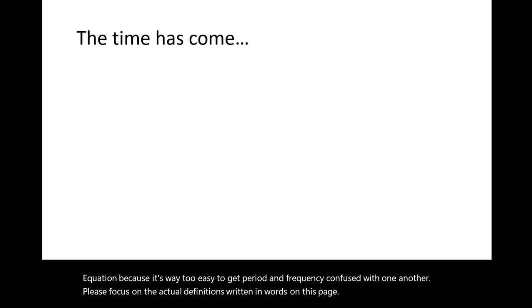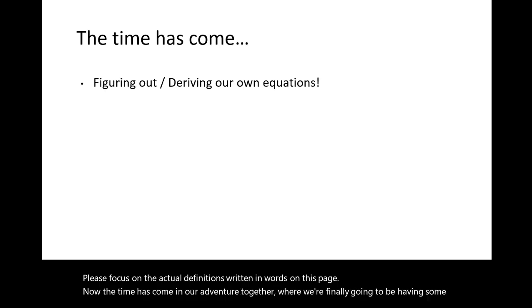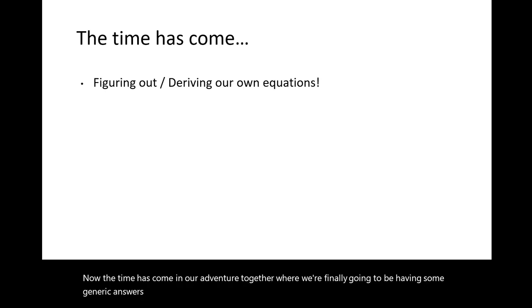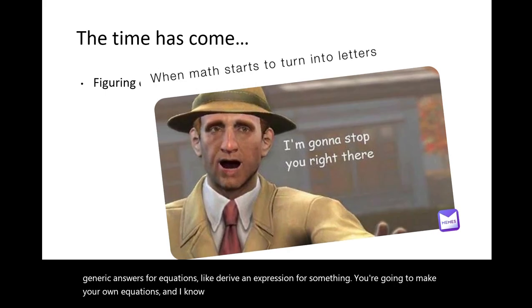Now, the time has come in our adventure together where we're finally going to be having some generic answers for equations, like derive an expression for something. You're going to make your own equations, and I know how excited everybody gets about purely letter answers, and I get it. It can be hard.